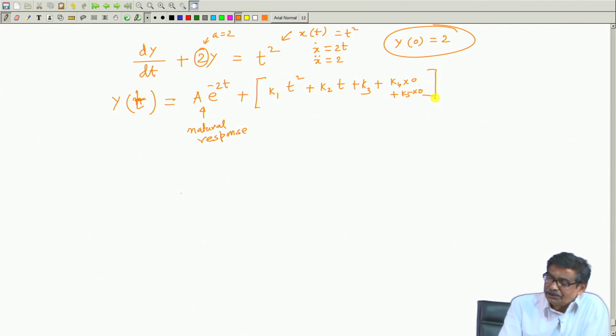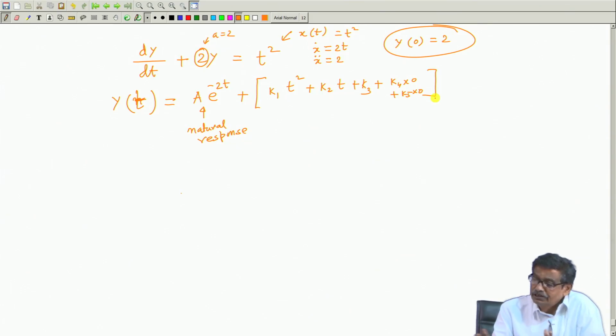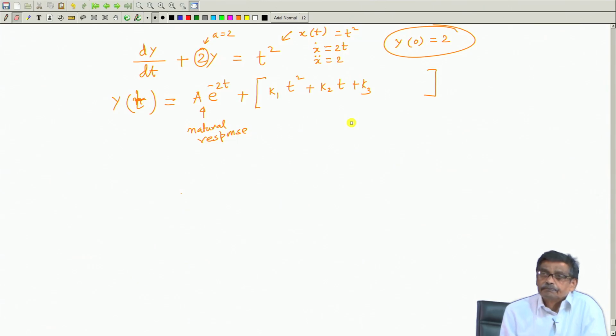So, although it looked a formidable task, in general whatever functions are present on the right hand side, the higher derivatives vanish. All the terms I have taken into account, only these two terms are present. Got the point? That is the total solution.